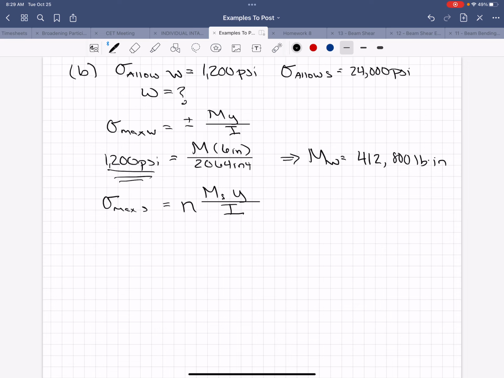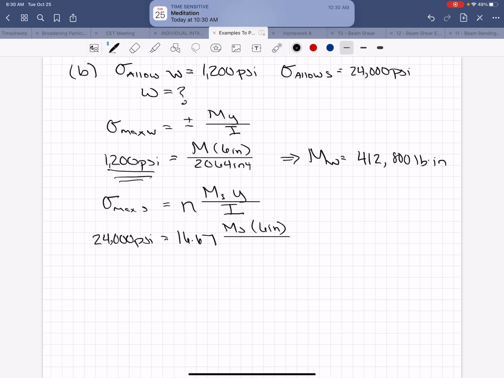So now we can plug in 24,000 psi equals 16.67, that's our n, times the moment of the steel times 6 inches all over 2064 inches to the fourth.